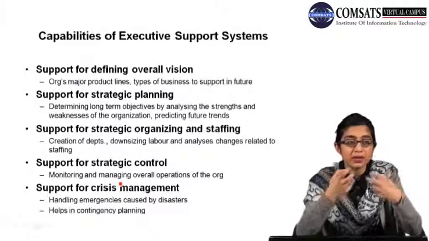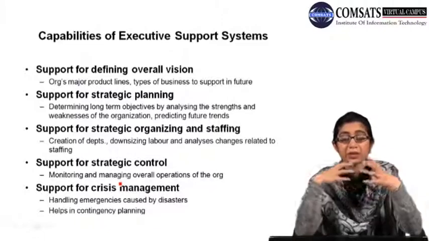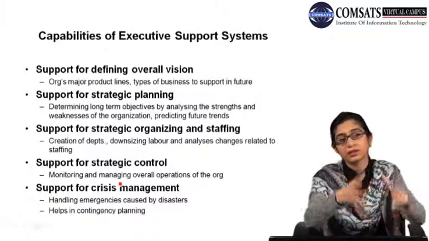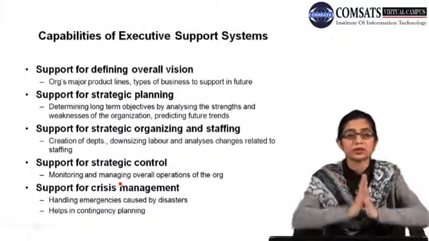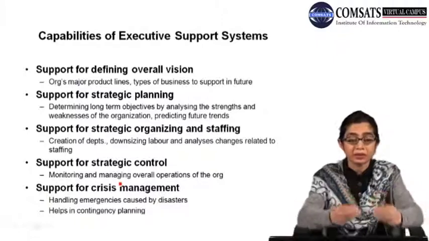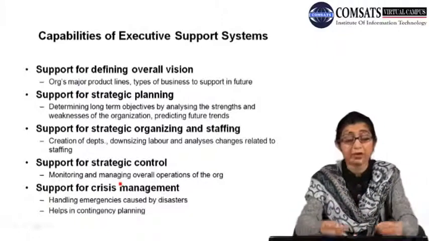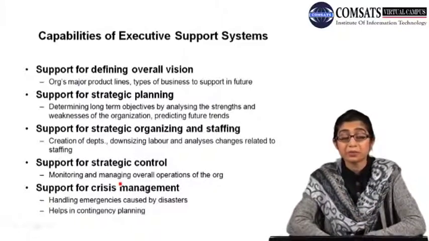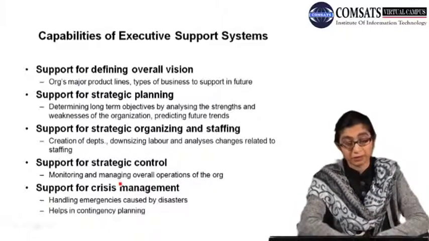These are the decisions the executive needs to make that cater to the vision of the organization: that in the next 5 years this is where I visualize the company to be, and these will be the objectives or goals of the organization. This is supported by the executive support systems.